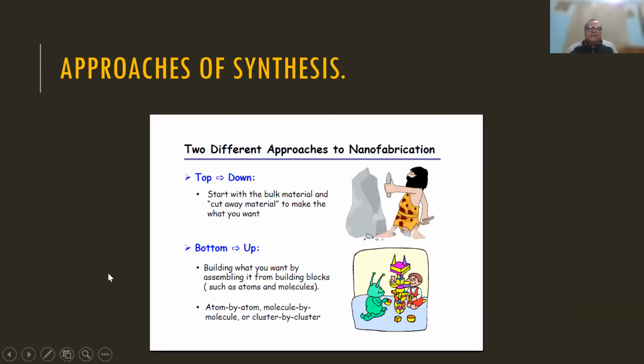To further simplify, you take a large piece of stone and keep on cutting to make a small particle. Similarly, a baby playing with toys makes larger structures from smaller ones: atom by atom, molecule by molecule, cluster by cluster, and you get the desired material.